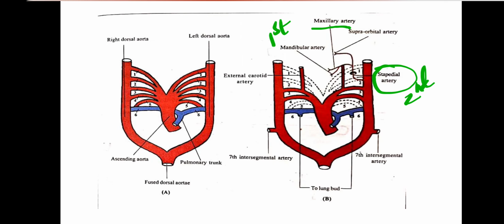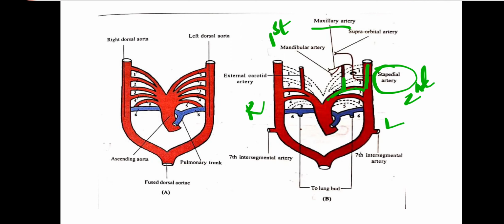What about the third arch? The third arch, both on the right and the left side, has the same fates. Okay? The third arch becomes the common carotid artery, and it gives a sprout which becomes the external carotid artery, and then the rest of it becomes the internal carotid artery along with the dorsal aorta.